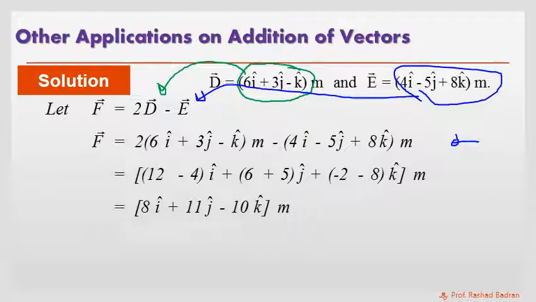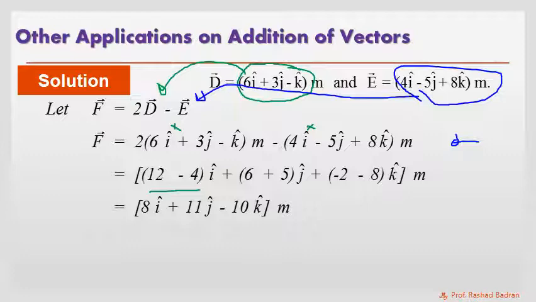Now, in this vector equation, the i hat coefficients must be added, as these coefficients represent the components of the vectors. Then what we get from here, 12 minus 4 for i hat.